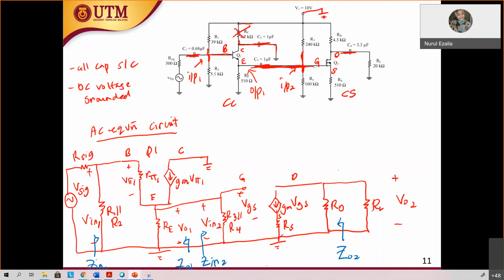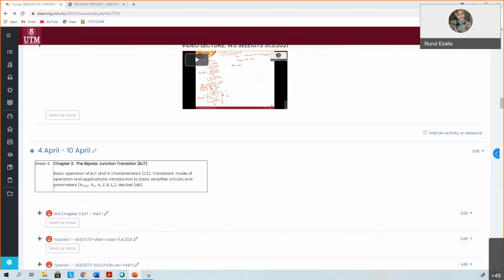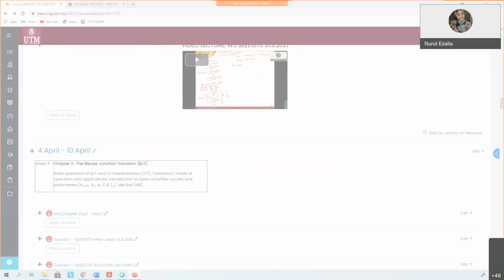So let's derive. Do you have any question? If no, with the AC equivalent circuit, I want to derive the voltage gain and everything. Any question? Or in the chat box?